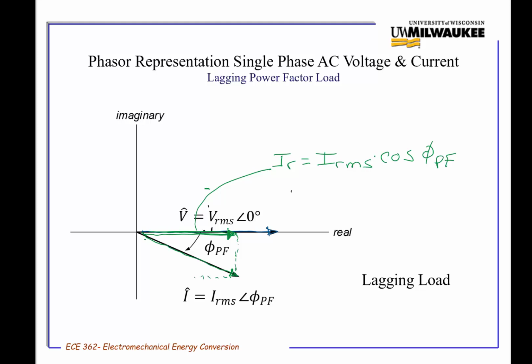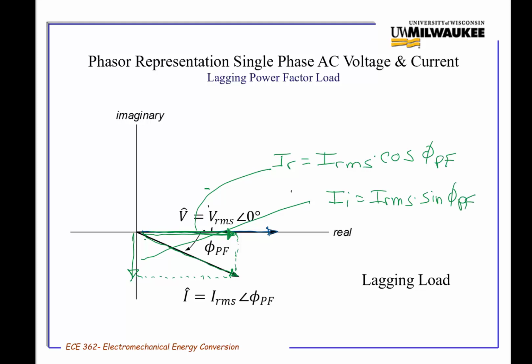I could reflect this phasor onto the imaginary axis, and the current I would get there would be II, equal to I RMS sine of the power factor angle.